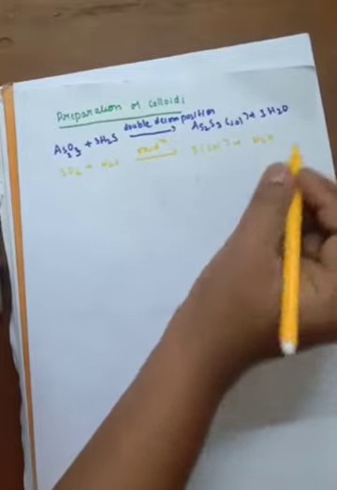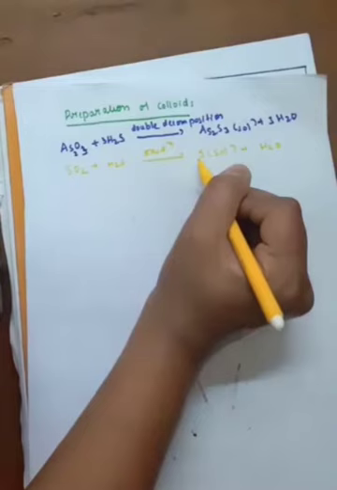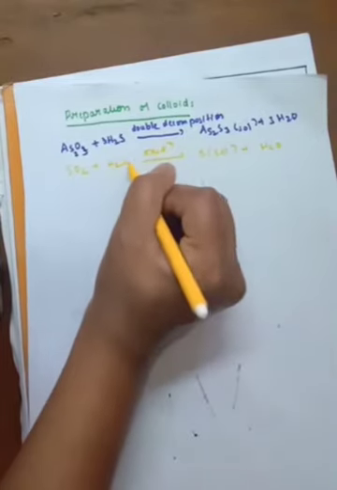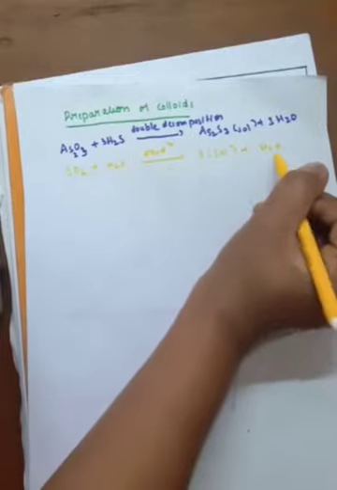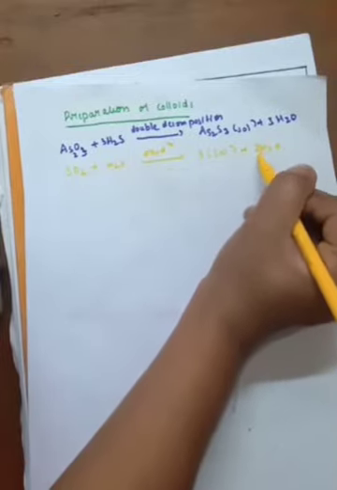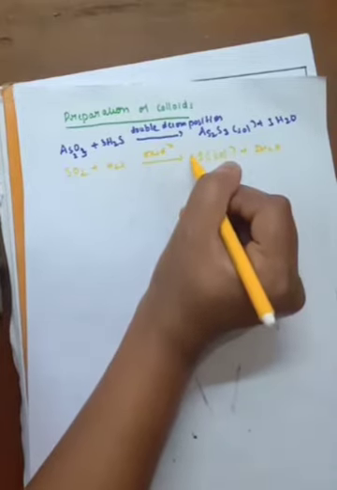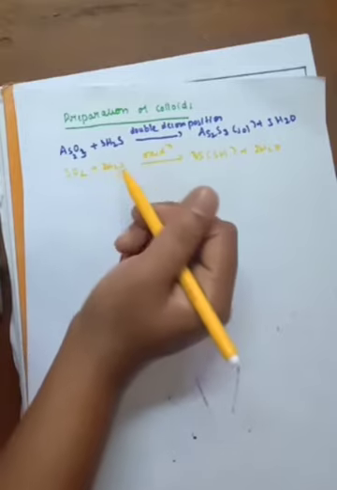Now we have to balance. Sulfur, 1 and 2 are there, hydrogen sulfur 2 are there, here 2 are there, so we balance by using 2H2O. Then we make it 3, then again it is 2. So now it is balanced.